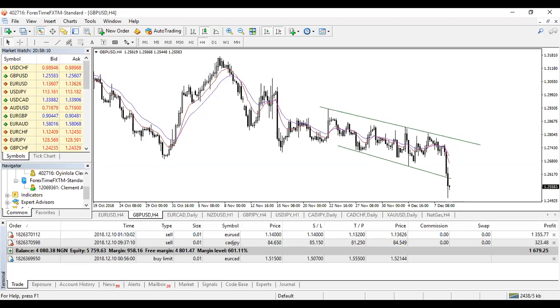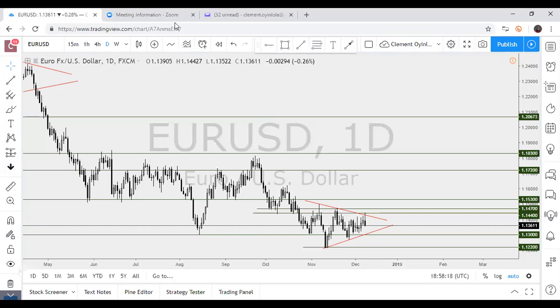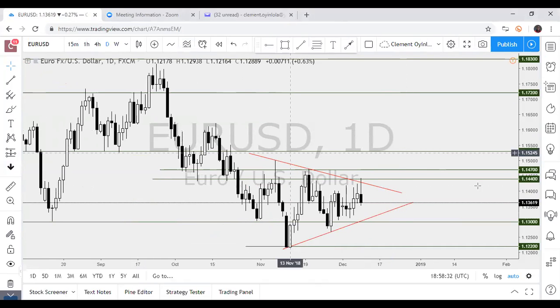I want to explain pips and points using a live chart. Okay, here we are. All right, so now look at this chart here. Look at the Euro USD chart. Now, to calculate your pips, let's say this is today's candle.